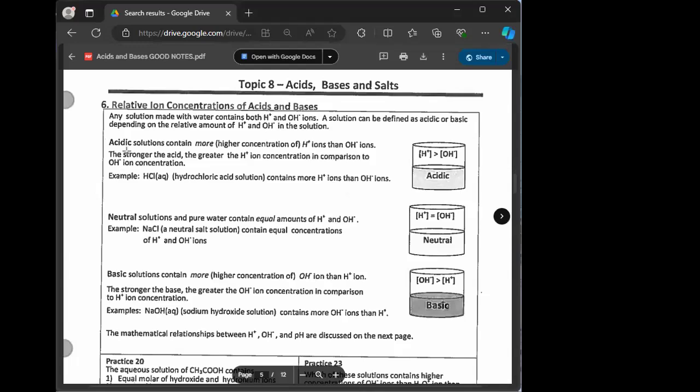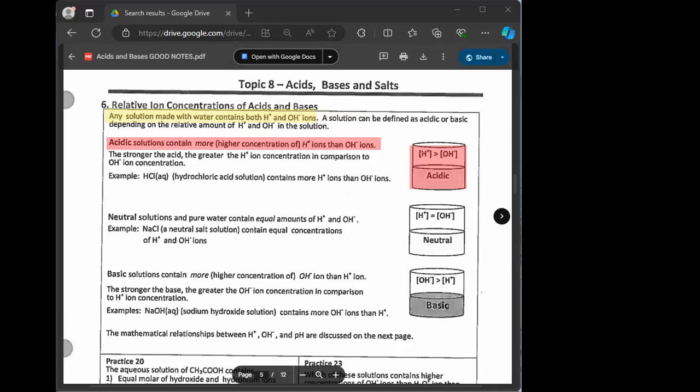Okay, now let's take a look at concentrations of ions. Acidic solutions always contain more hydrogen than they do OH, always. Actually, let's take a look at this first sentence that I skipped: any solution with water contains both hydrogen and OH ions.